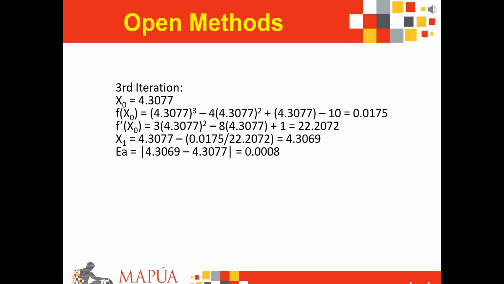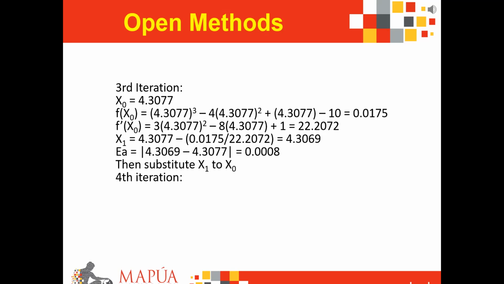We then check whether we could terminate the process by obtaining the absolute error, which now turns out to be 0.0008. Thus, showing us that we need to repeat the process, substituting again your calculated x1, which is 4.3069, as x0 for your next iteration.